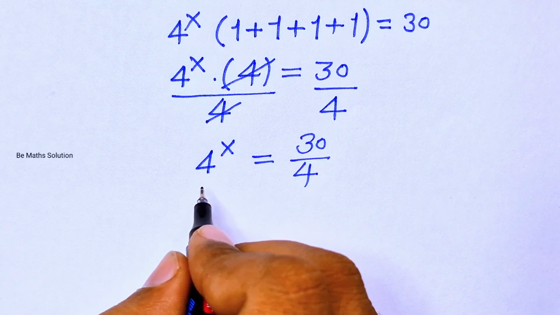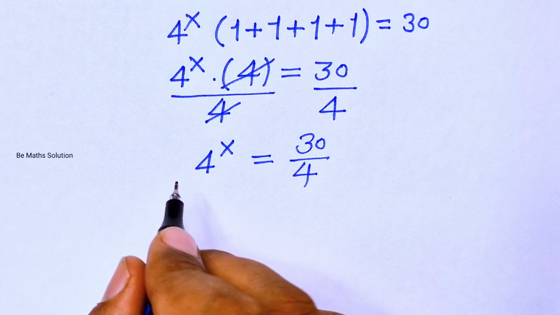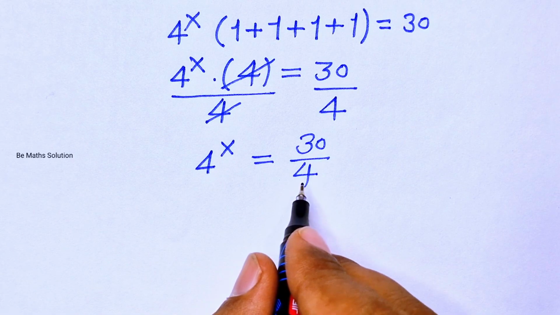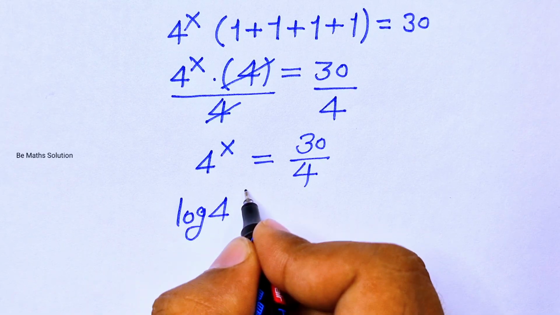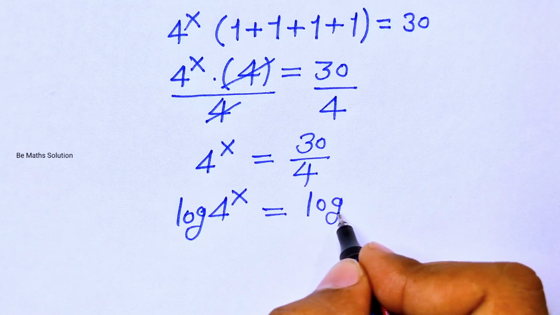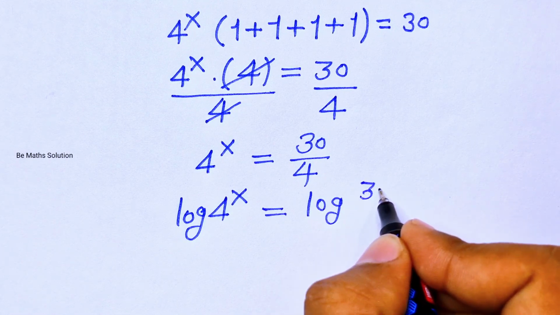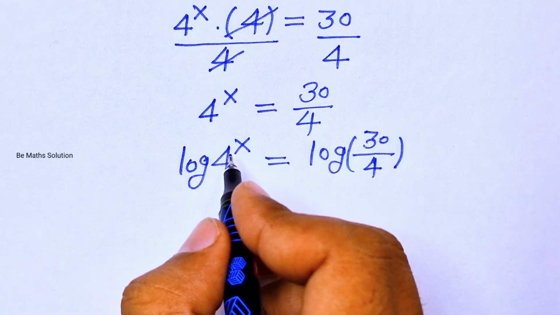How to solve this interesting exponential expression? So at this moment, I use log on both sides. Log of 4 to the power x is equal to log of 30 over 4, in brackets.